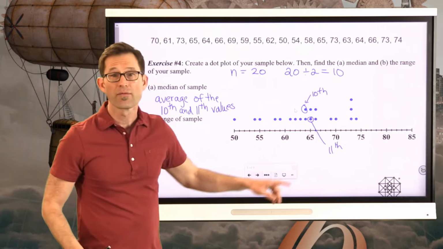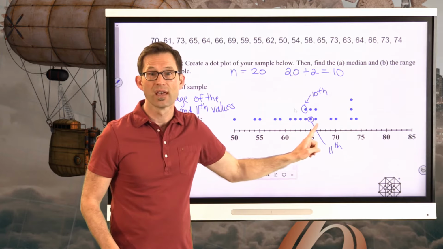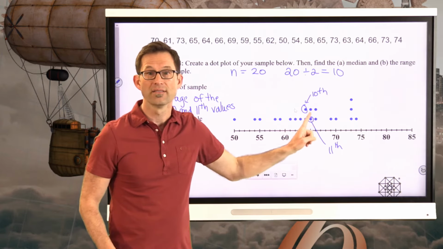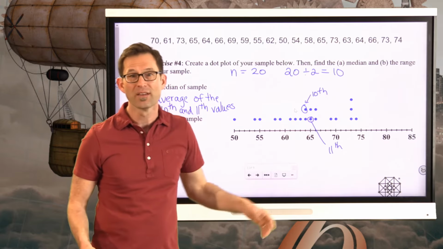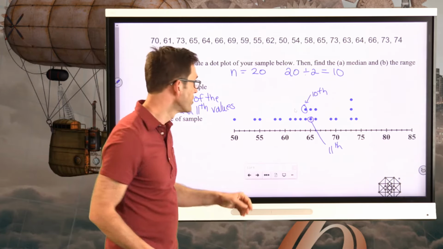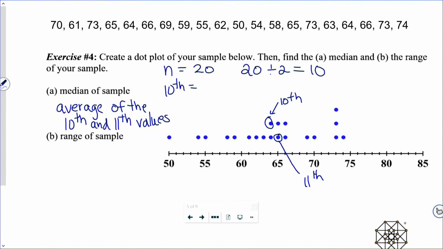You could also count from this direction. 1, 2, 3, 4, 5, 6, 7, 8, 9, 10, in which case that's my 10th value and that's my 11th value. It doesn't matter. My 10th value is 64, and my 11th value is 65, right?